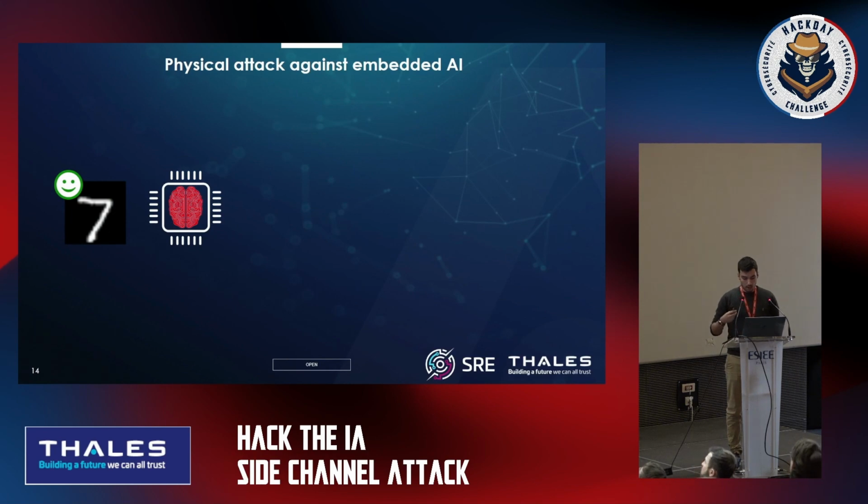Once we set up our experiment, we have to clearly understand how a neural network works. So maybe just a brief recap. First, let's assume that we have an input that we want to provide to an artificial intelligence.